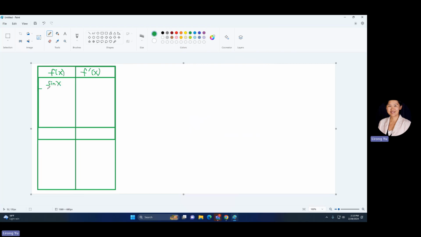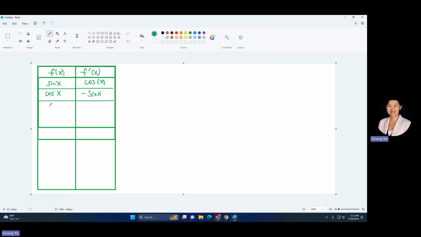For example, the derivative of sine is cosine. If you already memorized it, maybe we don't have to write it on the formula card, but if it's something that you do not clearly remember, then we should write it down.